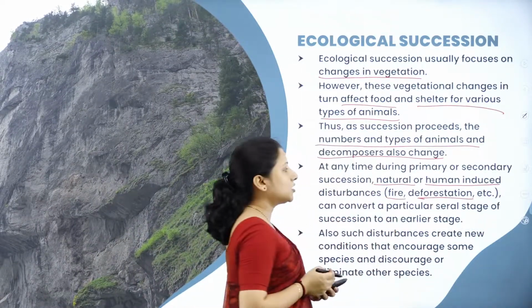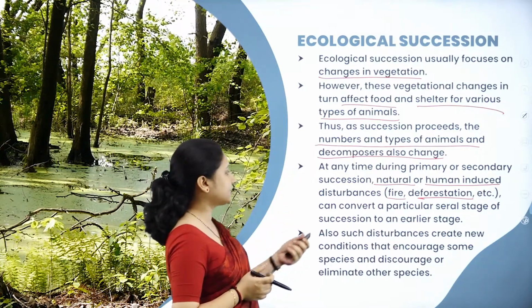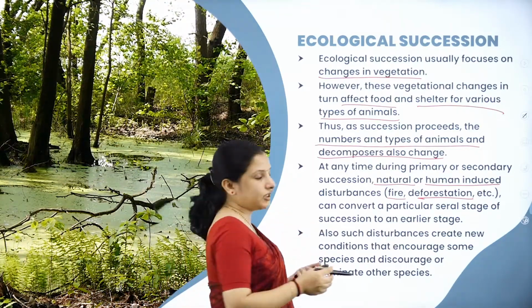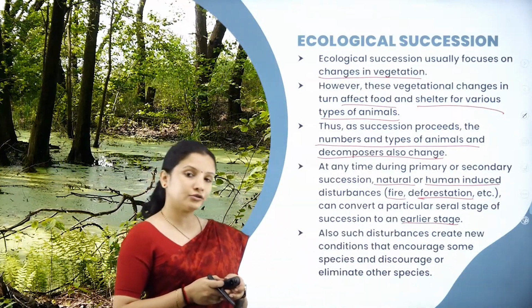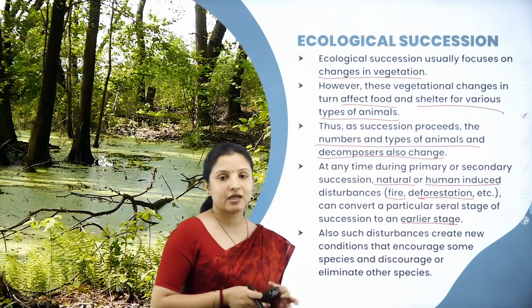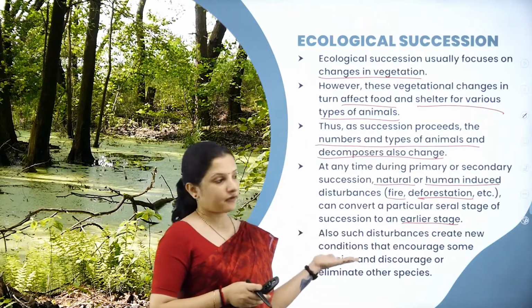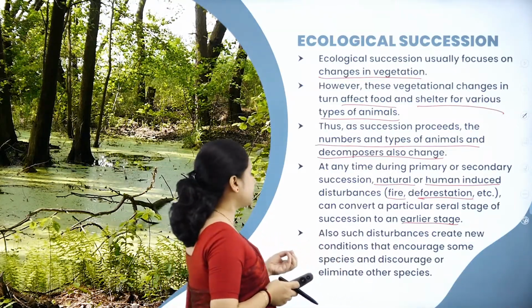They can convert a particular serial stage of succession to an earlier stage. Means a secondary succession can also get converted into a primary succession because of human intervention and also because of climatic factors. So those possibilities are there.